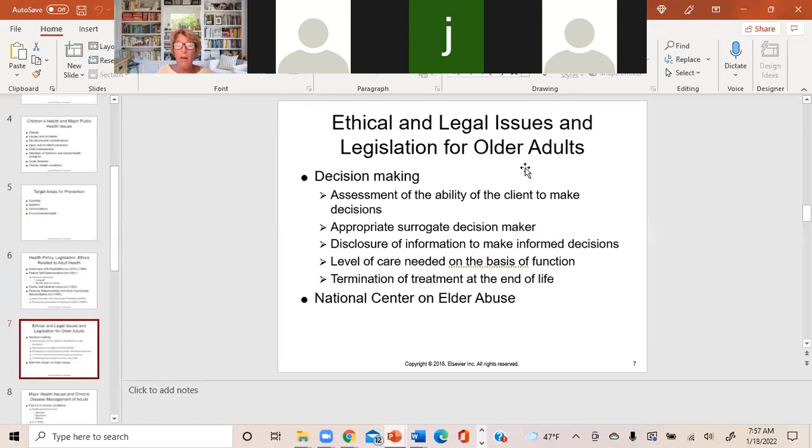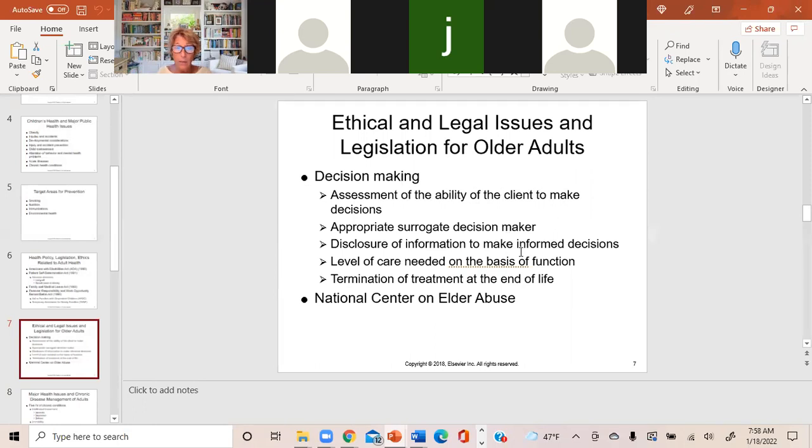And then we have legal and ethical issues related to older adults. Okay, that's one of the groups you're going to be studying, the older adults. What are some of the legal and ethical issues? Well, decision-making, right? I mean, if an elderly person is deemed competent, we want them participating in their care, in their decisions.